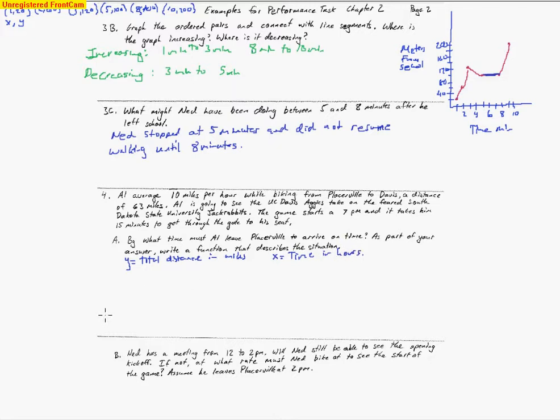We're going to look at where the variable term is. We have no starting amount. It's not like he started 10 miles into his 63 miles. All we have is a variable term, the 10 miles per hour. I know it's a variable term because of that word per. So the total distance equals his average biking speed, 10 miles per hour, multiplied by the number of hours, which is my x value. Now we're ready to solve.